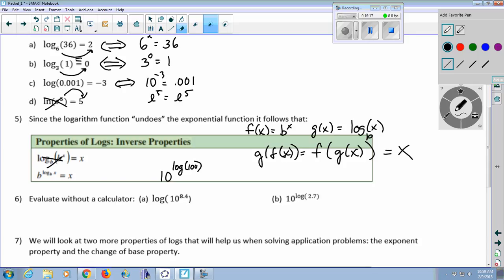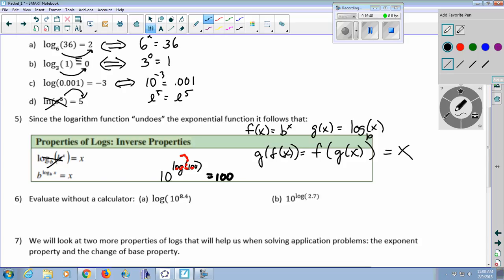So my answer to this is 100. These just undo each other. They're inverses. This says, what power do I raise 10 to get 100? The answer is 2. And then you raise 10 to that power, and you come right back to where you start. So this thing just represents the number 2. Then you raise 10 to that power, and you come right back to 100.